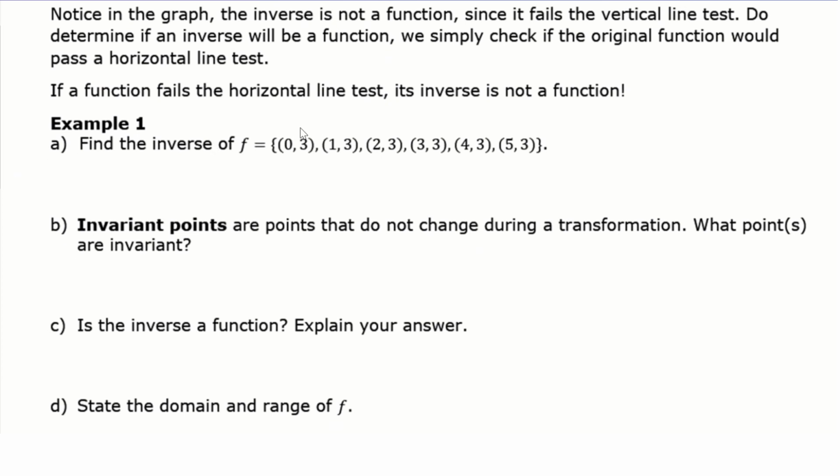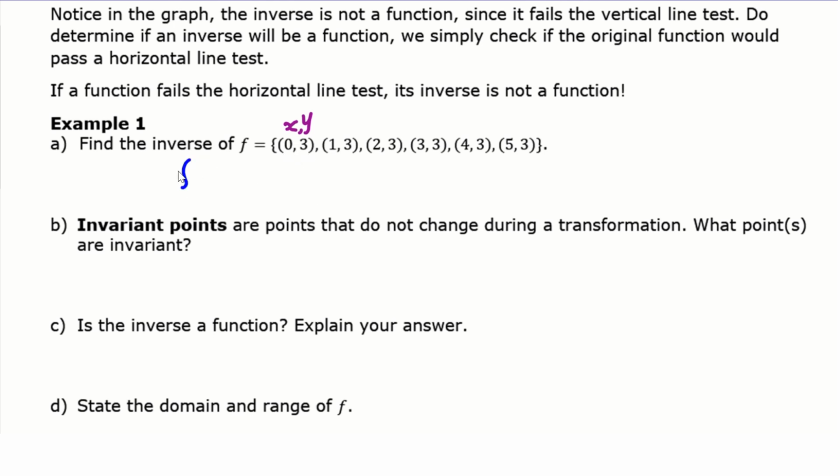So this one is ordered pairs. This is another representation of the function. For this one, this is x coordinate, this is y coordinate, and for the inverse function we just flip.